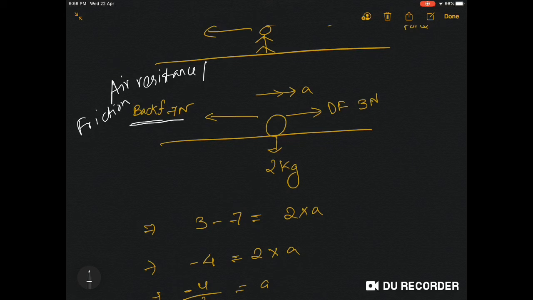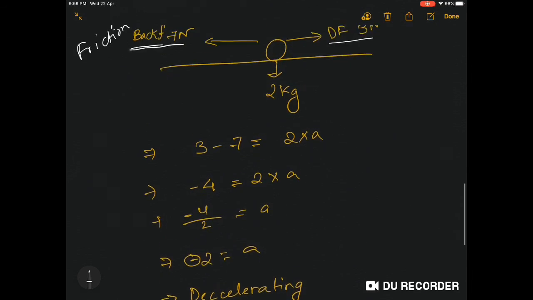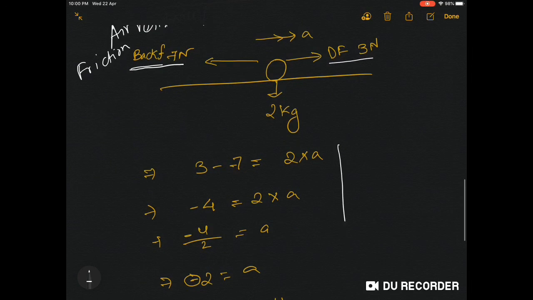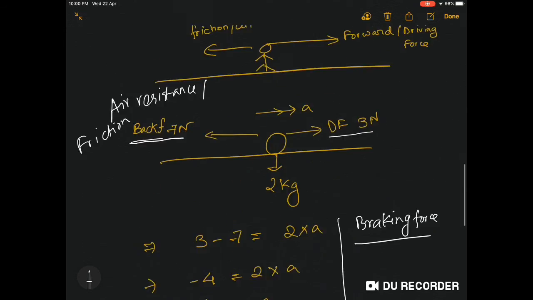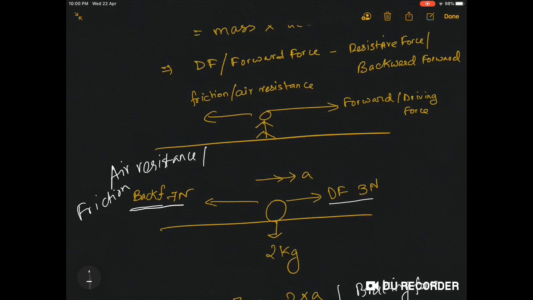But common sense says that if I apply 3 Newton force, it can never overcome the 7 Newton force acting backward, which is opposing the driving force. Hence it's decelerating, it's not accelerating. A very common example of decelerating is the braking force. When a car brakes, it decelerates. So this is the resultant force part 2.